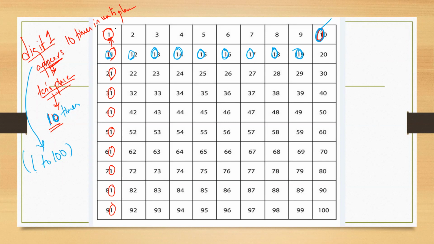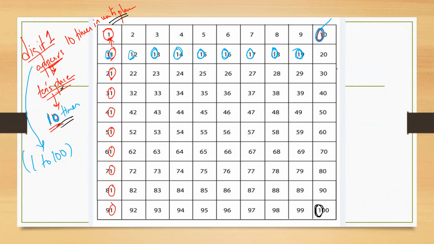We have already counted the number of digit ones that appear in the units place. We have said there are 10 such times. We have also said there are 10 times when the digit appears in the tens place. That also we have calculated. Now what is missing here?